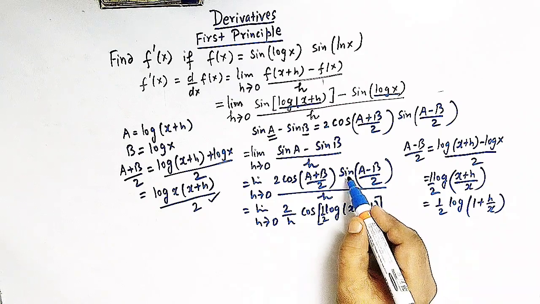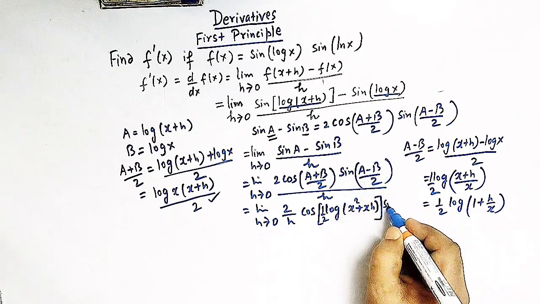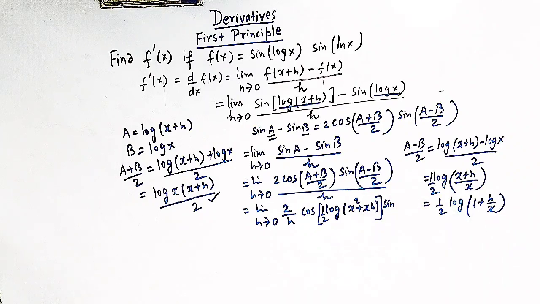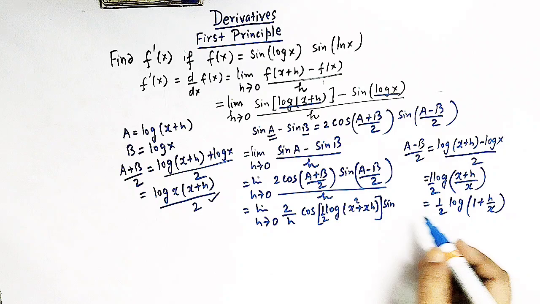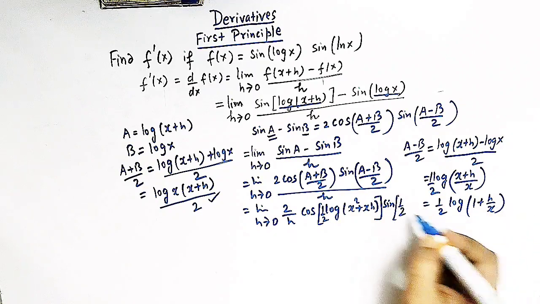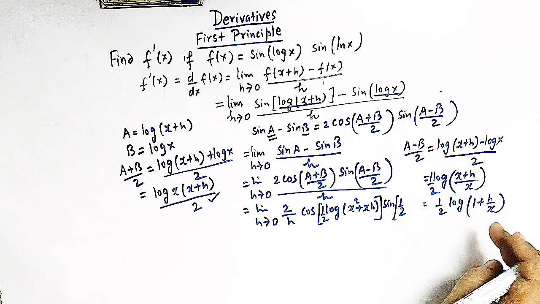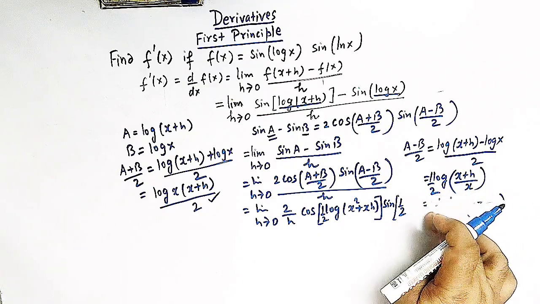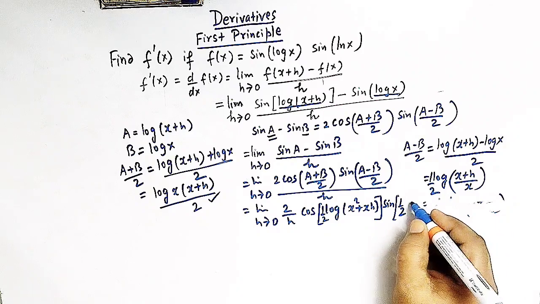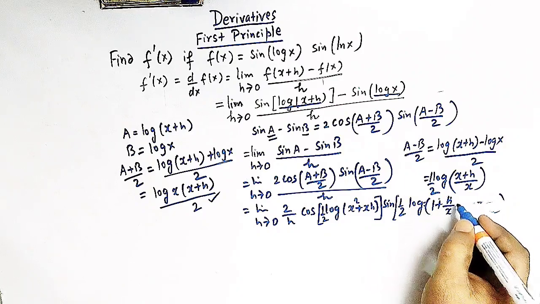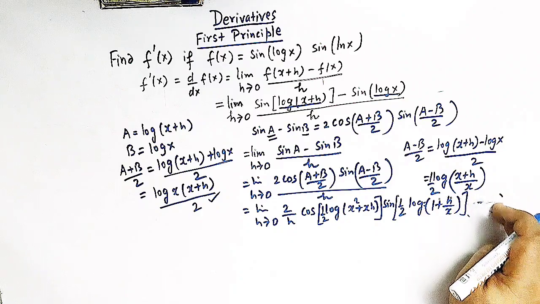And the sine term has a minus b over 2, which is half log of 1 plus h over x.